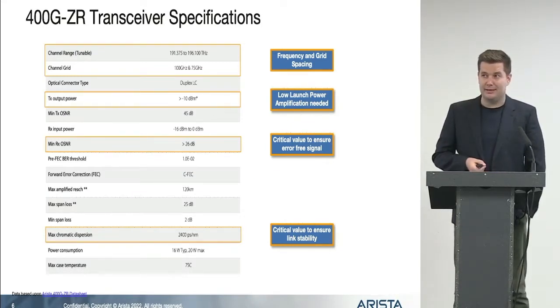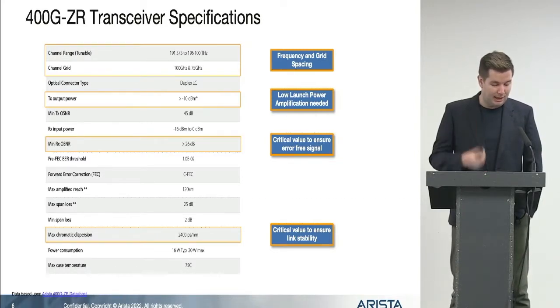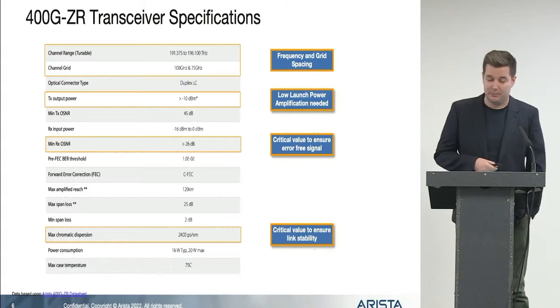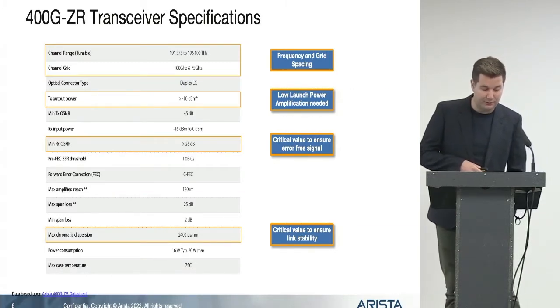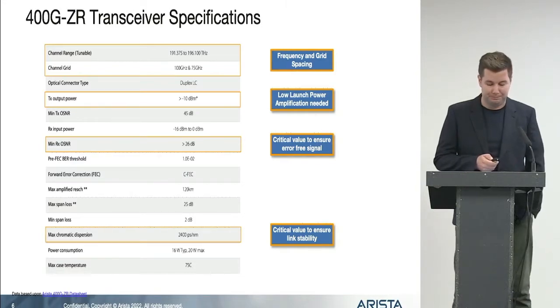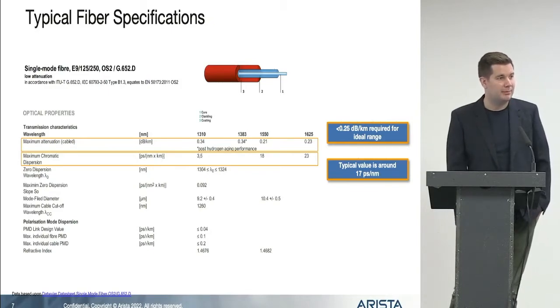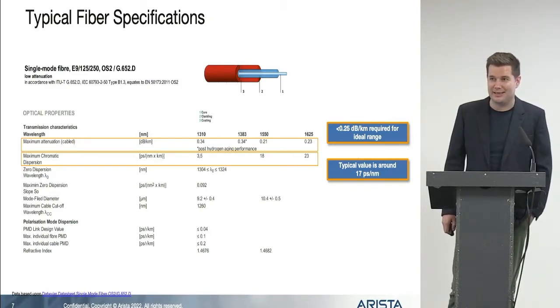To conform to this standard, we do need to meet some minimal OSNR, that's optical signal to noise ratio, that I'll touch upon, and we do need to have a maximum tolerance on chromatic dispersion of 2400 picoseconds per nanometer. So typically, the fiber we're going to be running our ZR and ZR Plus on is of course single mode, and it's also OS2.